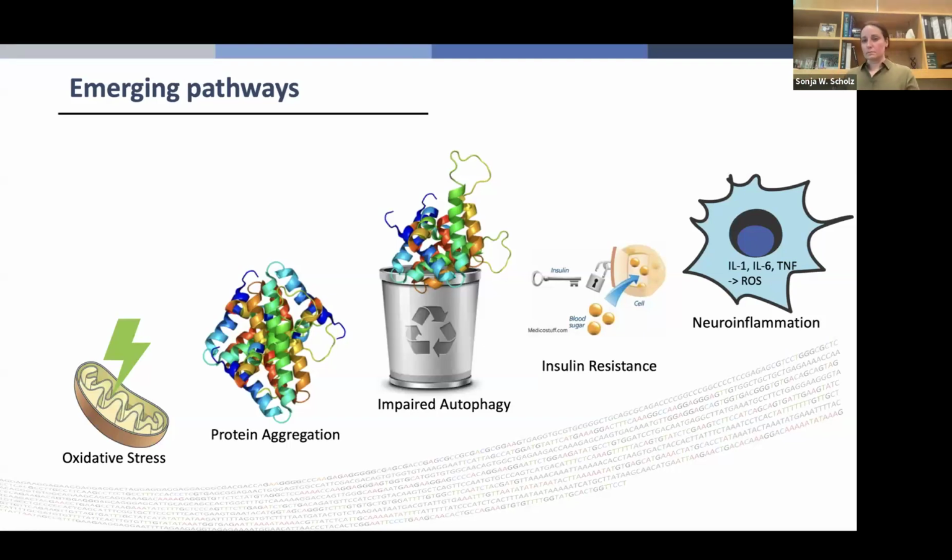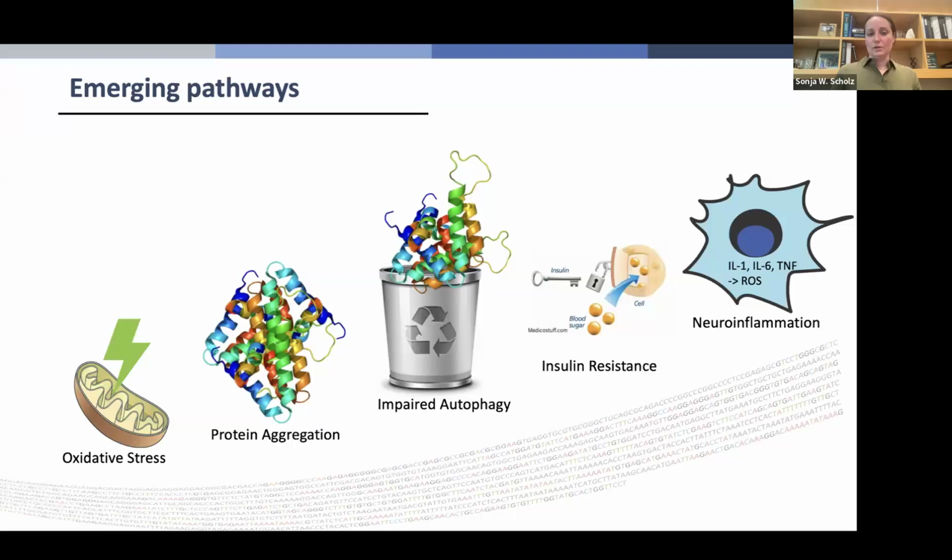And then there are important metabolic factors that could play a role in how the cells are responding and how they're able to manage certain stressors, a disease process, and perhaps other reactive factors. There's also neuroinflammation, which also seems to exacerbate some of the symptoms.